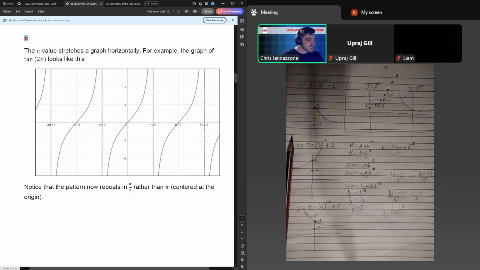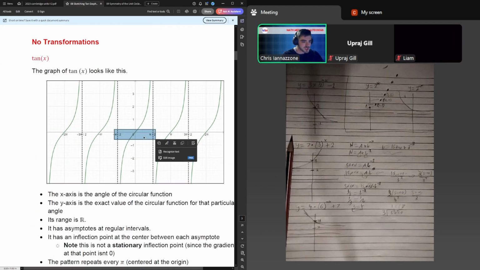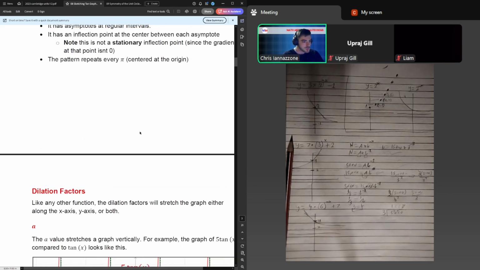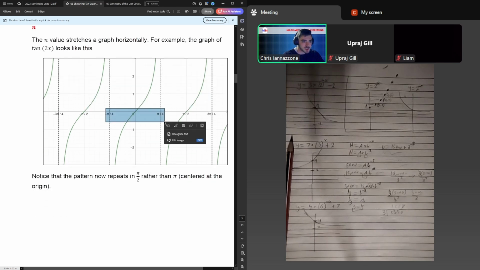What is a lot more important is the n value. So in this case, we've got n is 2. That is used in calculating the period of the tan graph. So if we have a look at what it was earlier, it was between plus or minus pi over 2. So that's a total distance of pi. Whereas when you add a 2 in here, you're now between plus minus pi over 4.